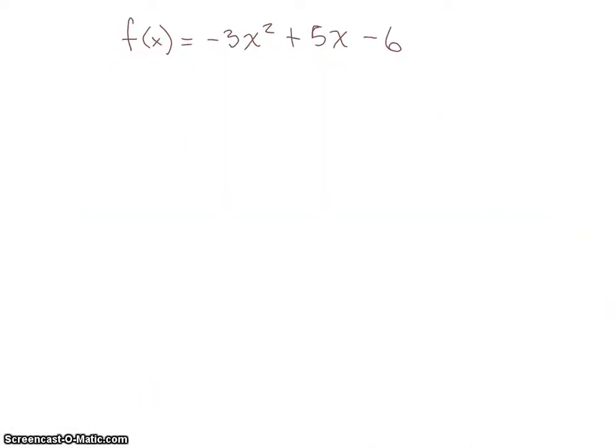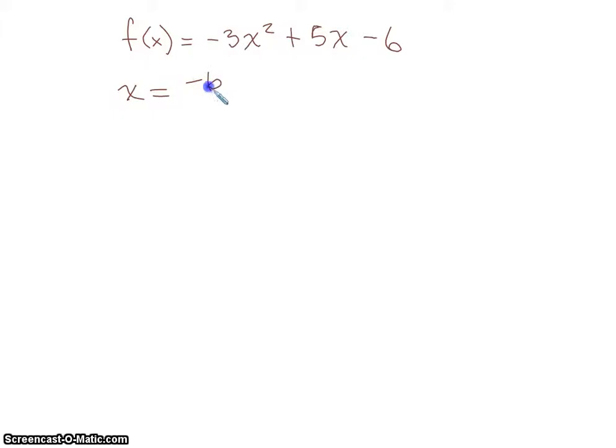Now for our next example, I've got a slightly more complicated quadratic. I've got -3x squared plus 5x minus 6. And if you can imagine completing the square, it might get a little bit messy because we're going to have to factor this -3 out of this 5, and it'll get kind of ugly. So that's where this newer process comes in handy. The axis of symmetry is found using this equation.